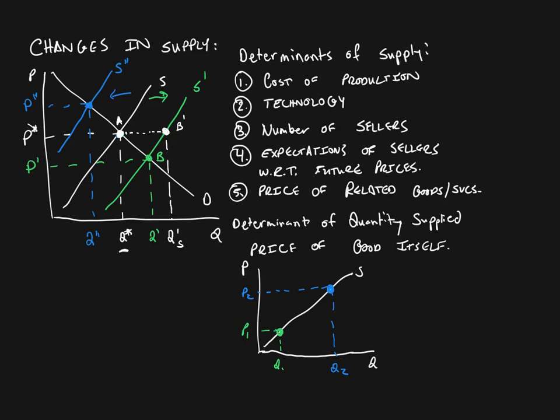When we have a surplus, firms start competing against each other to try to sell their product to the relatively limited number of buyers that are available. So they start undercutting. They start trying to outbid each other to lower prices. So as firms start to lower their price, sellers are less willing to want to sell, and so they start selling less and less and less quantity, moving along that supply curve.